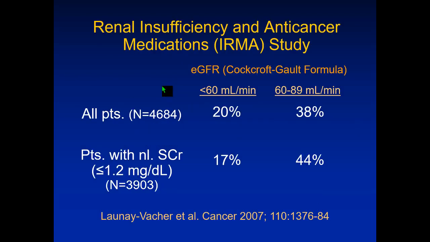I'm not sure where the pointer is on this. Maybe it's this, there it is. It showed that 20% of the cancer patients in this study had chronic kidney disease that is of at least moderate grade with a GFR less than 60. But interestingly, 1 in 6 of these patients with chronic kidney disease had a normal serum creatinine.